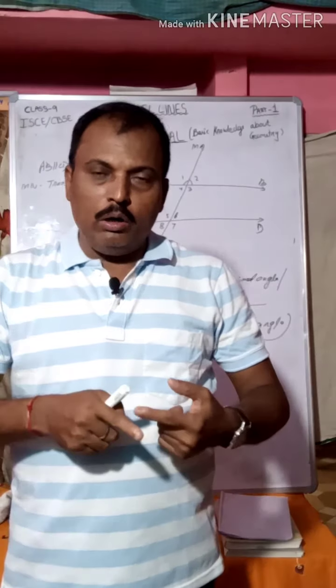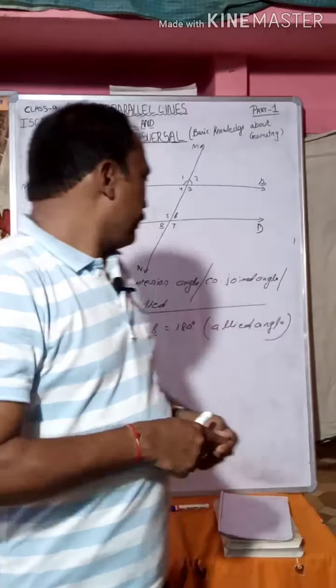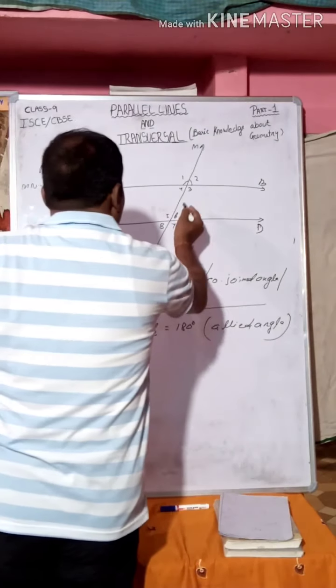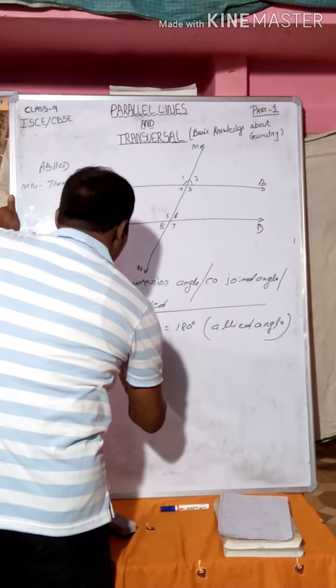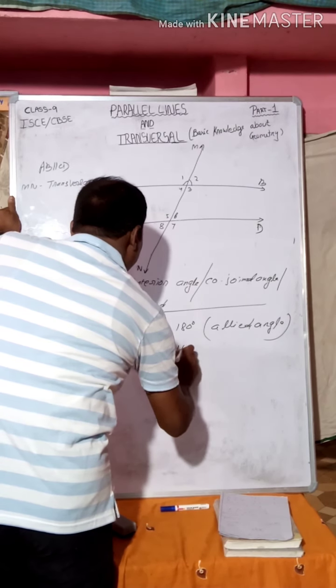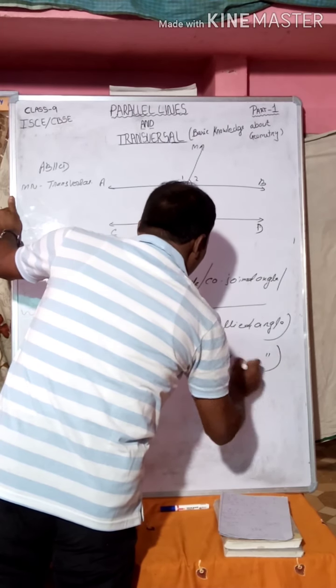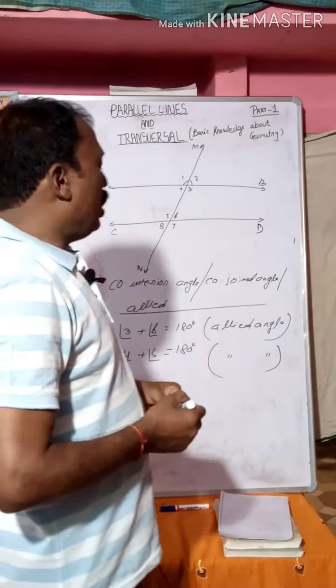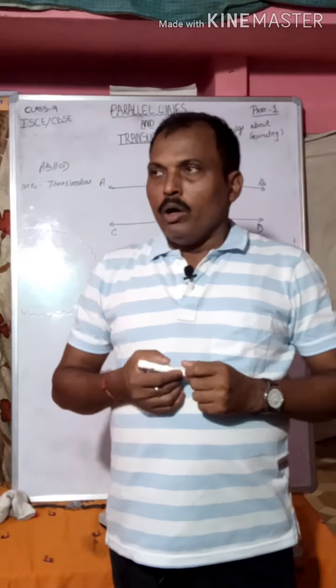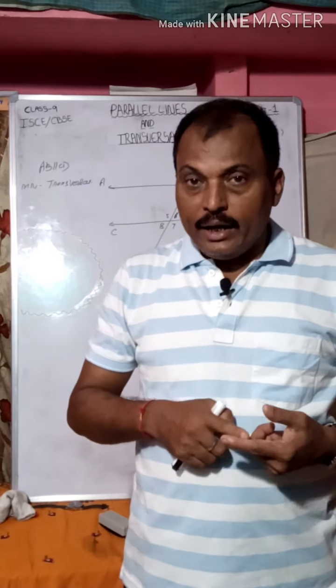It is also called co-joint angle, and also called allied angle. On the other side of the transversal, angle 4 plus angle 5 is equal to 180 degrees. So the sum of the allied angles, the co-interior angles or the co-joint angles, is 180 degrees. This is the co-interior angle.